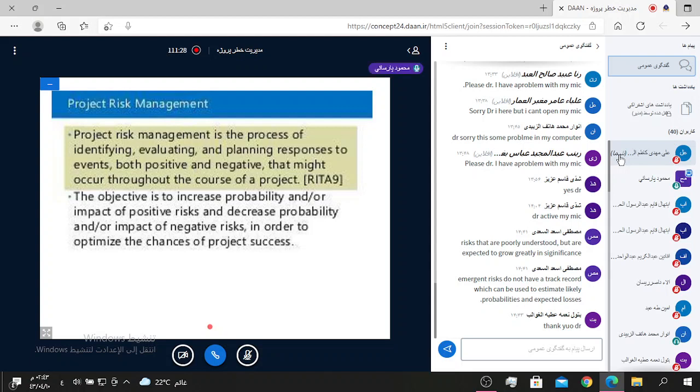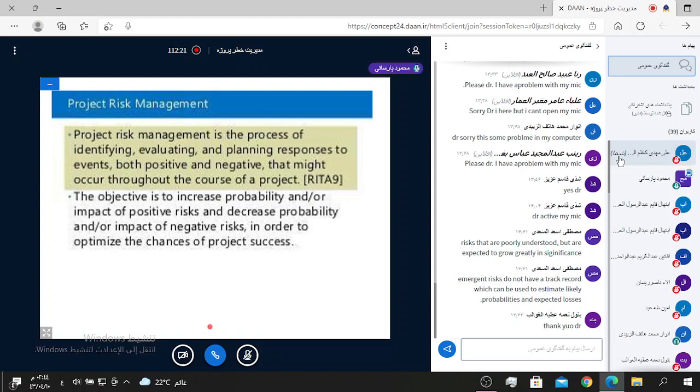And about the objective or aims of risk management: the objective of risk management is to increase the probability and or impact of positive risks, and the opposite, to decrease the probability and or impact of negative risks, sometimes only probability, sometimes probability and impact, in order to optimize the chances of project success.